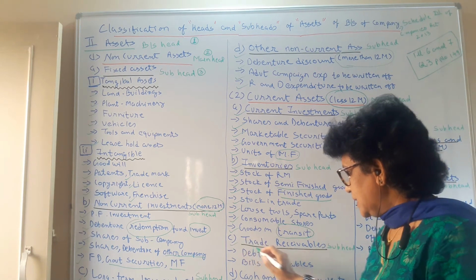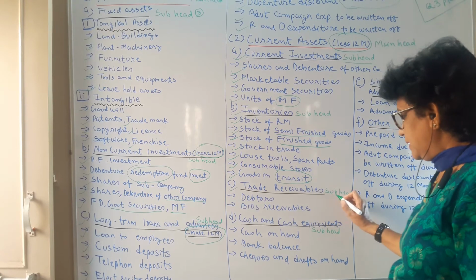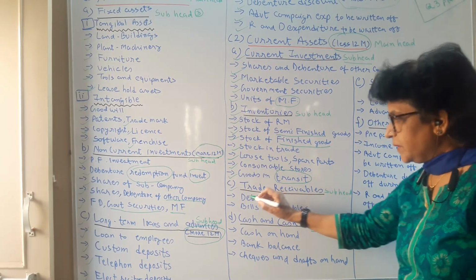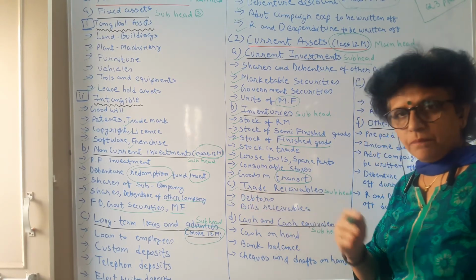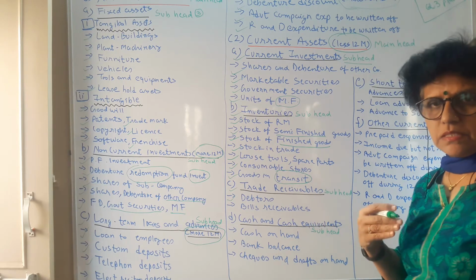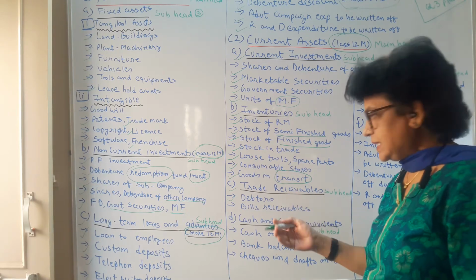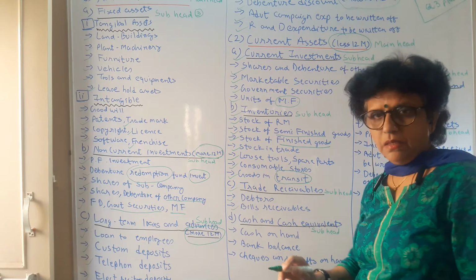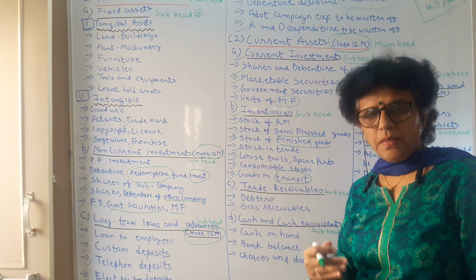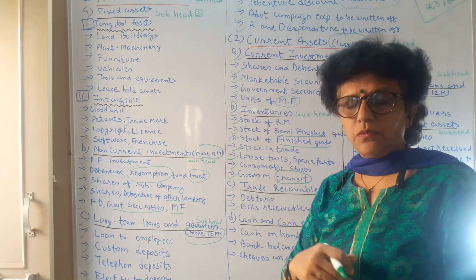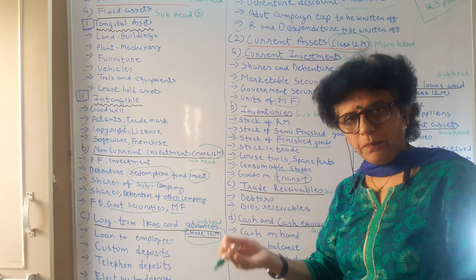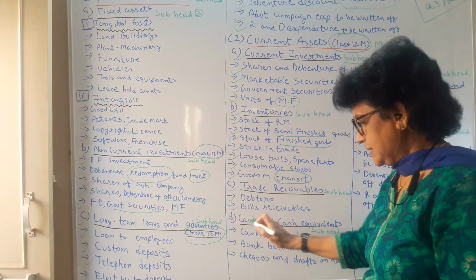The next is the trade receivable. Trade receivable becomes your subhead. In this you have the debtors, the parties from whom you have to receive the money for the credit sales, and the bills receivable, that is the negotiable instrument which you have received from your debtors towards the payment. So that is also your asset.